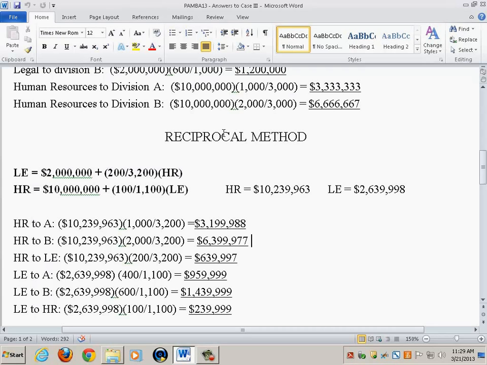Then if you use the reciprocal method, you'd set a system of 25 simultaneous equations with 25 unknowns. If you try to solve this system manually, I'll just tell you good luck, because it's difficult to tell how much time it will take you to do that.